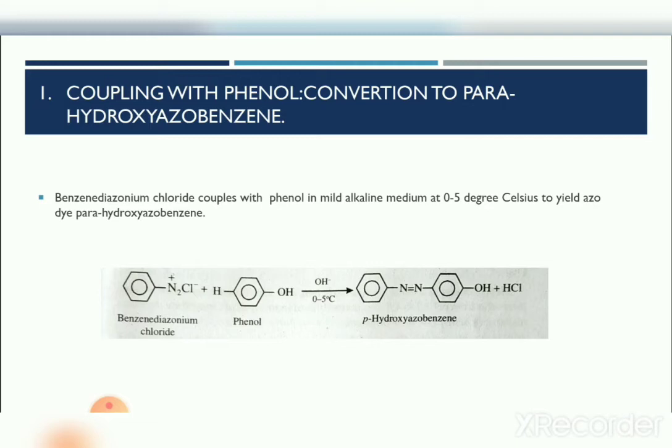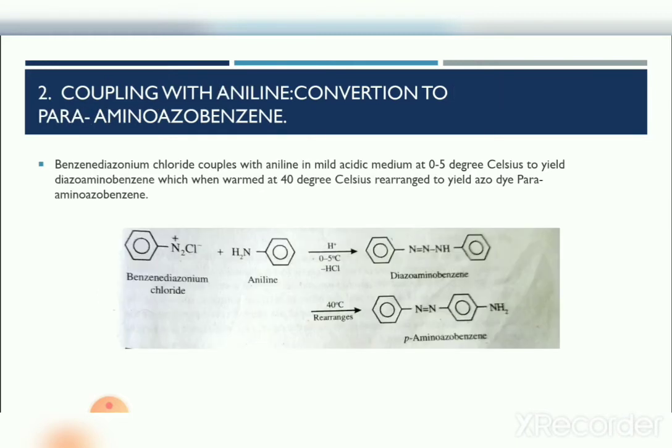Then we can move to the next class of coupling, that is coupling with aniline. Here, the conversion to para-aminoazobenzene takes place from the benzene diazonium chloride. The benzene diazonium chloride is treated with aniline, and it couples with aniline. Note that it does not take place in an alkaline medium, but in an acidic pH.